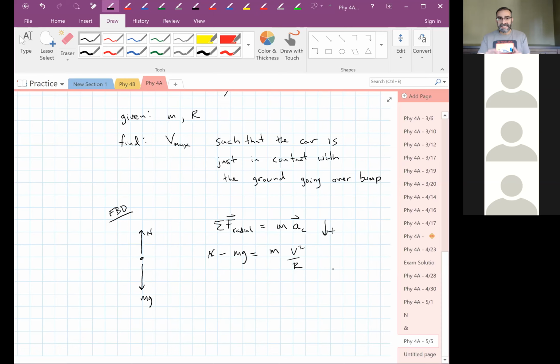So let's think about this for a second. If the car was not moving, if it was just parked there, v equals 0, what do we get? We get the normal force has to equal the weight, right? These two forces have to be equal. Oh, sorry.